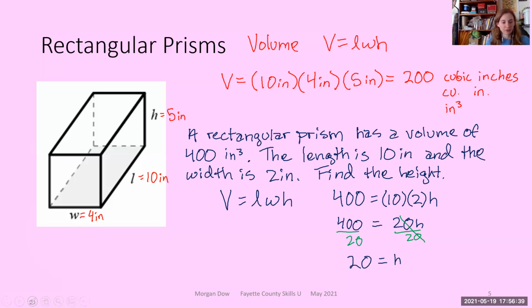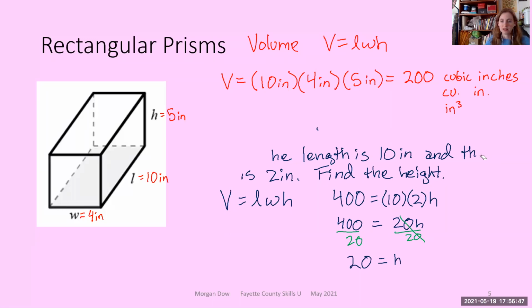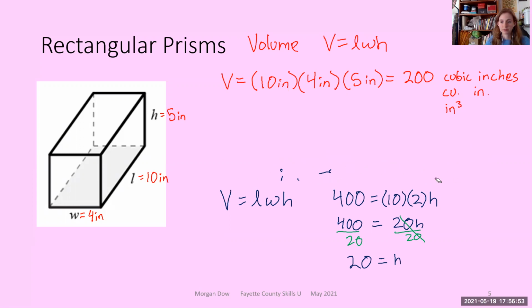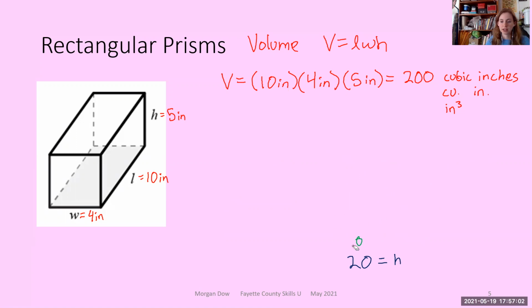Okay. So the next thing we're going to do here is we're going to practice finding the surface area of a rectangular prism. So take a look at your formula sheet and find the formula for surface area of a rectangular prism.